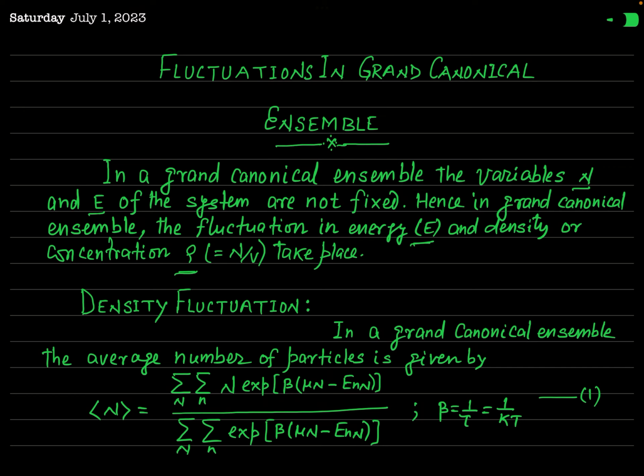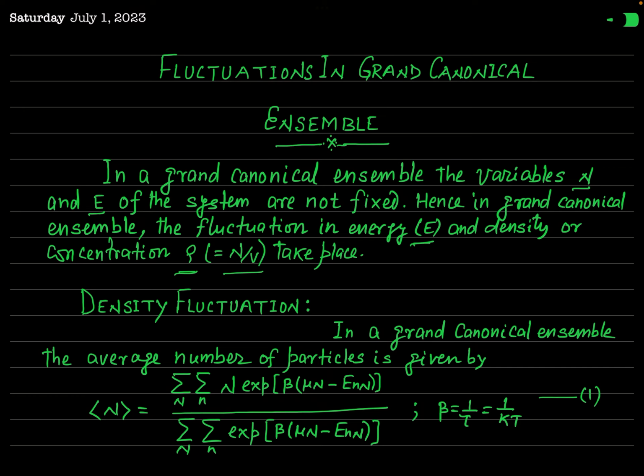So here our aim is only to discuss the fluctuation in number of particles N, or you can say the fluctuation in density or concentration rho, which is number of particles per unit volume.